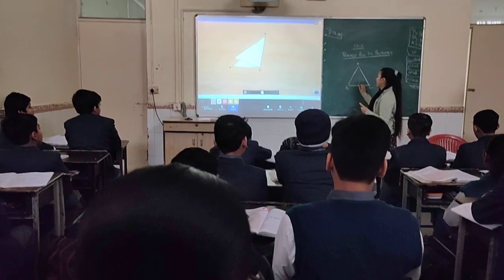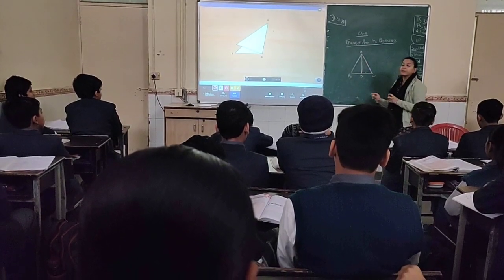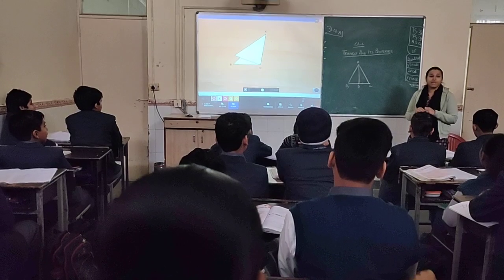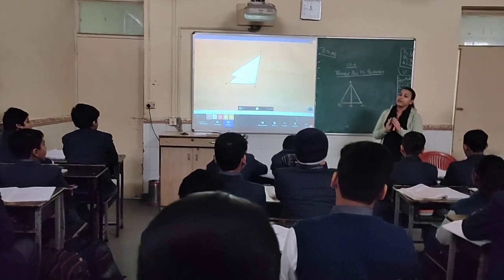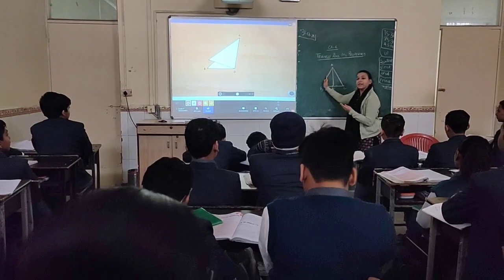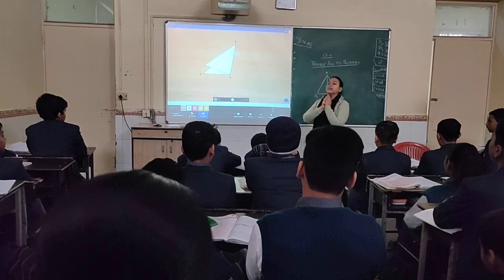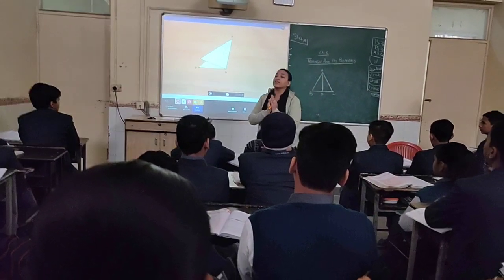This is the midpoint, let us name it as D. And when we join a vertex with that midpoint, we get the median. So basically, the median divides the triangle into two halves in such a way that they overlap. If I overlap them, they will fall exactly on each other. That is the median of a triangle.